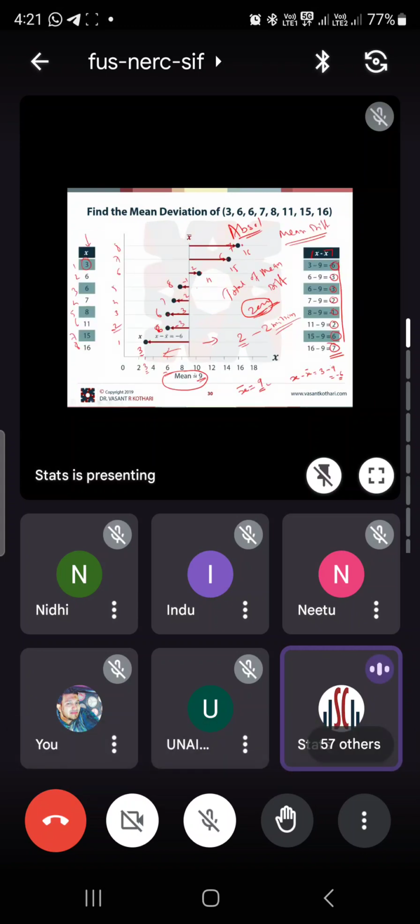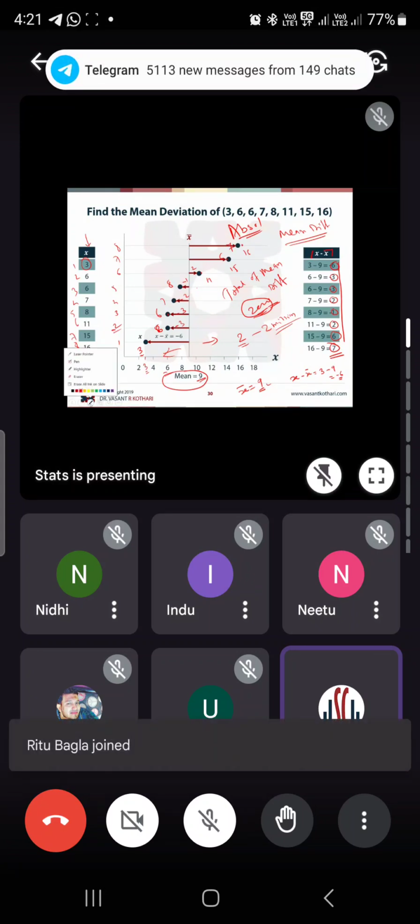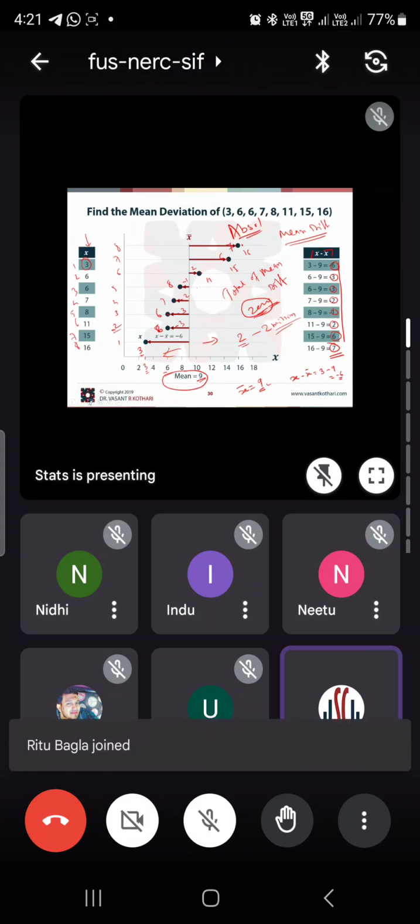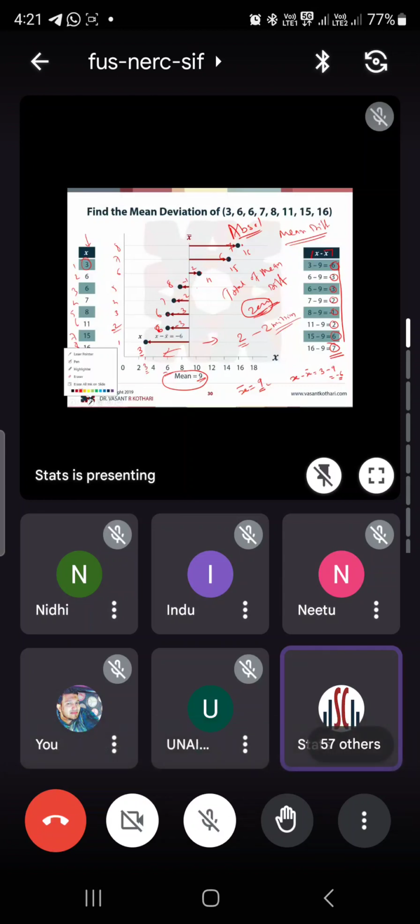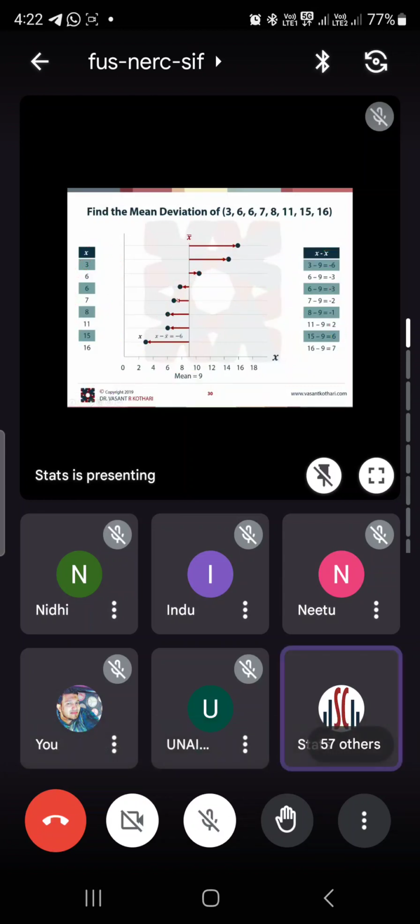So here we'll make a statement: on an average, please listen carefully, on an average, the data is 3.75 points away from the center.